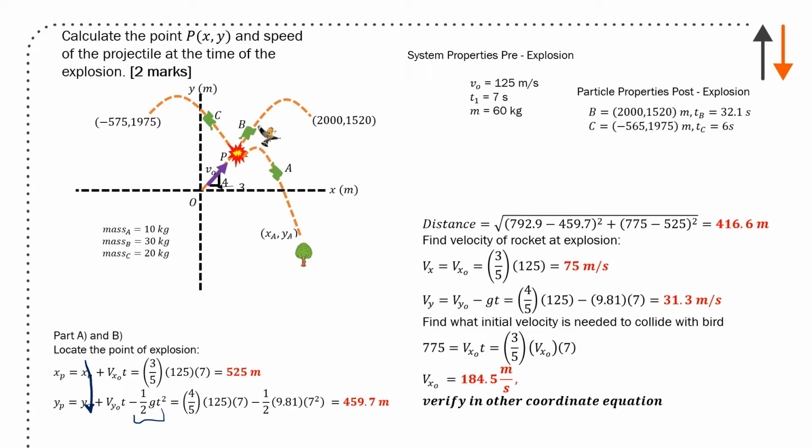Vy is going to equal 31.3 meters per second because of gravity. If you find what the initial velocity to collide with the bird, well, that requires a velocity of 184.5 meters per second. You want it at the same position as the bird. There you go.